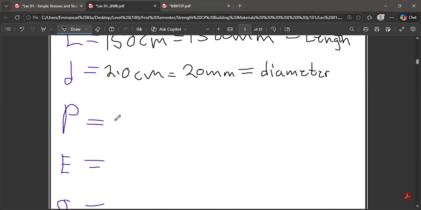The P is our load. And then it was given as 20 kilonewton, which we later express as 20 times 10 exponent 3 Newton, which we said that this P is actually our force or load.